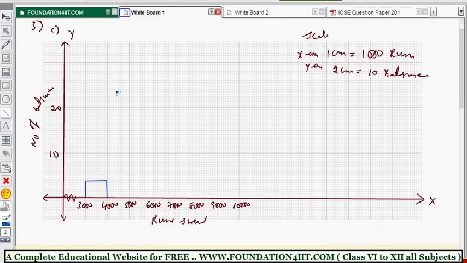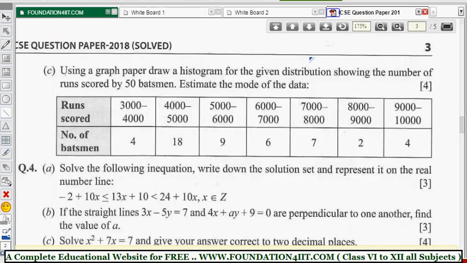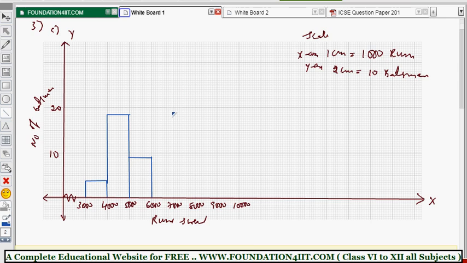18, that means before 20, between here. Okay, 18. Next it is 9, right? Then 6, 7, 2, 4.